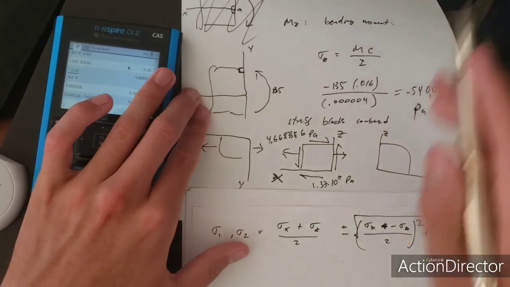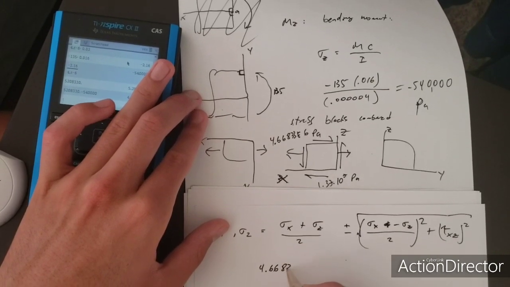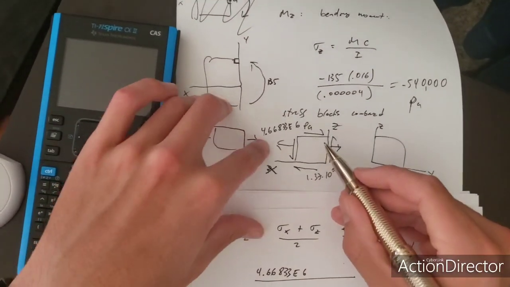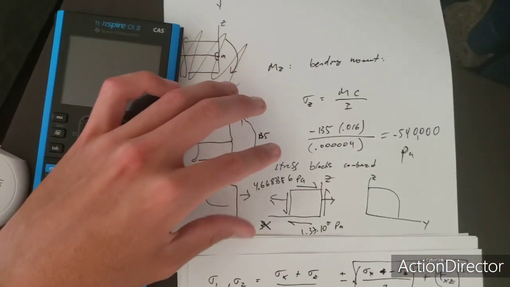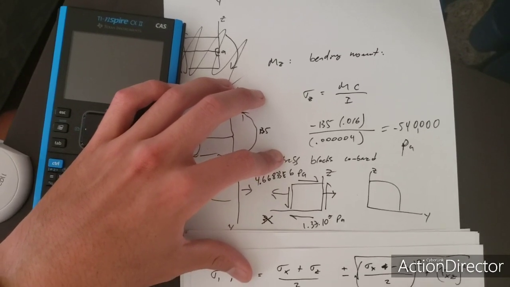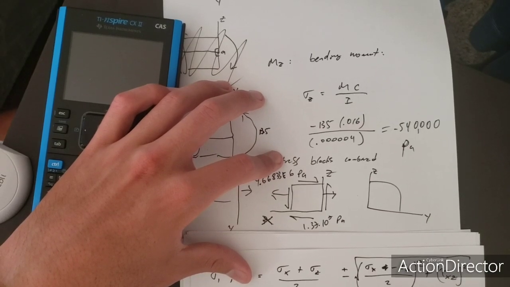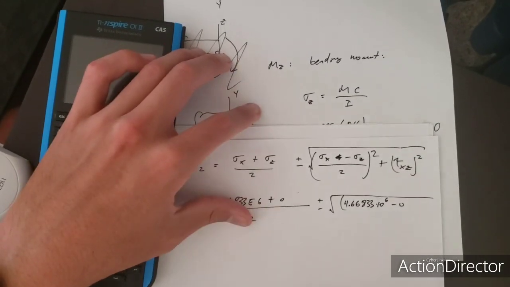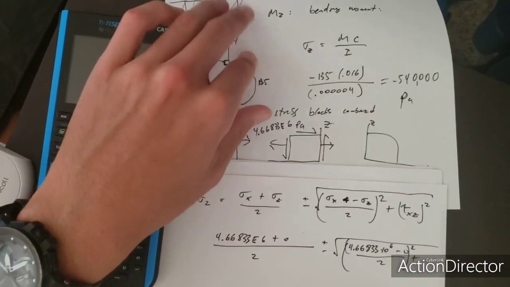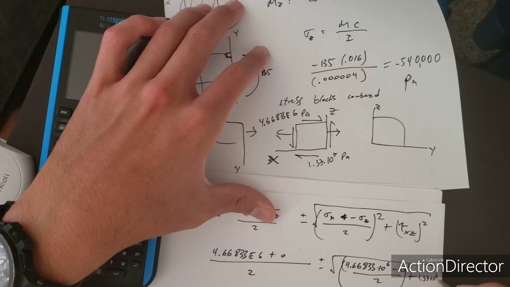Okay, and then what do I plug in? Well, sigma X is just the tension component. So 4.66833 times 10 to the 6 plus 0, because in the Z direction nothing happens here, it's not being stretched or compressed. 0 divided by 2 plus or minus, and same thing, 4.66833 times 10 to the 6 minus 0, divided by 2 squared, plus 1.37 times 10 to the 7 squared.